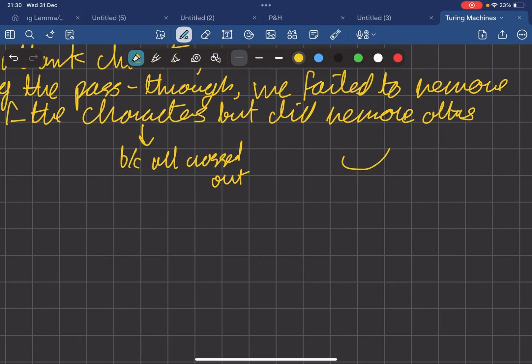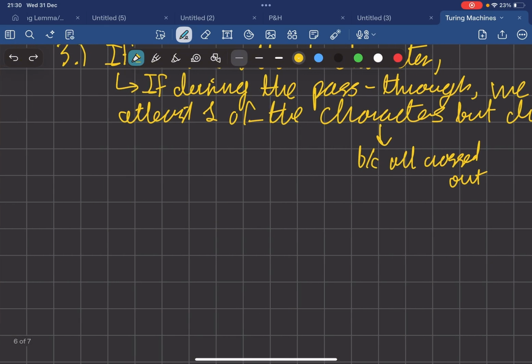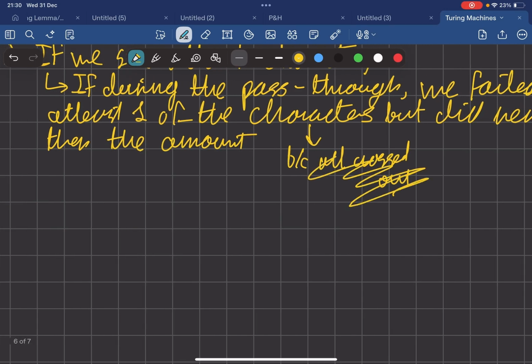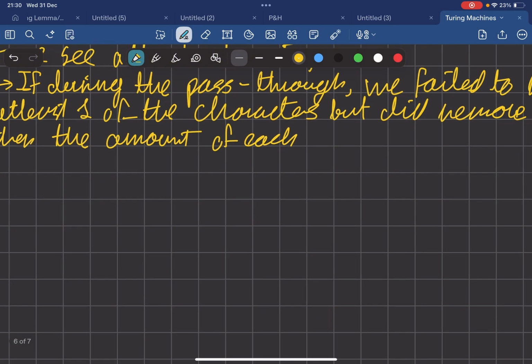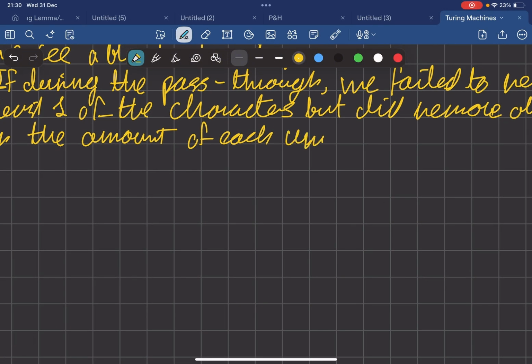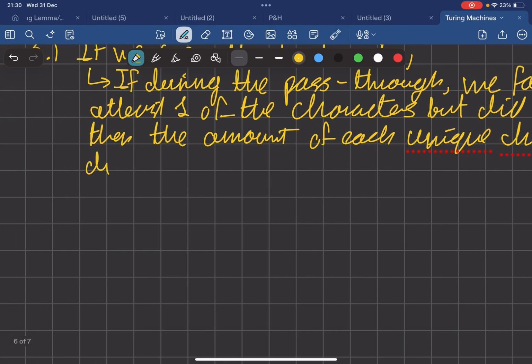If this happened, that means the amount of each unique character was different. And if that is the case, we reject.